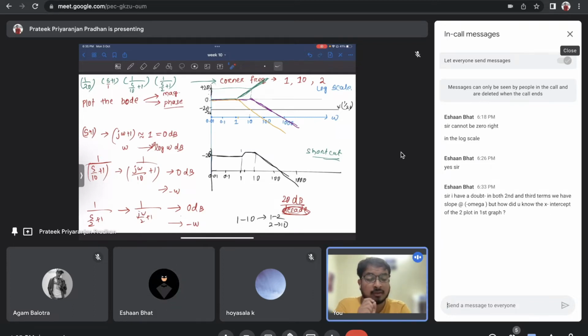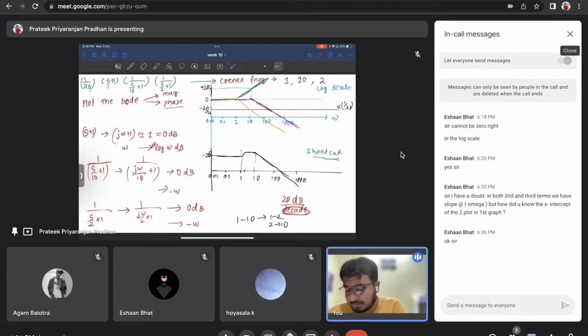Yes. So we don't know the x-intercepts. We know one point and we know the slope. That's how we are plotting the diagram. And be careful here. These are simple poles, that's why we are doing negative 20 dB per decade. If the poles are s squared plus 1 or s squared by 10 plus 2, then there will be negative 40 dB per decade. That you will know in the next lectures.